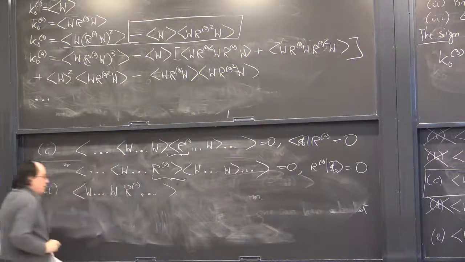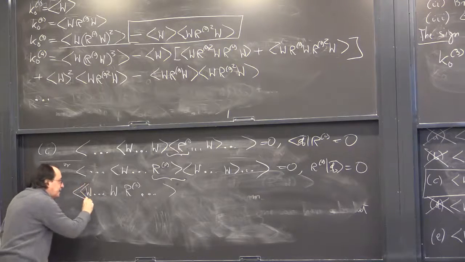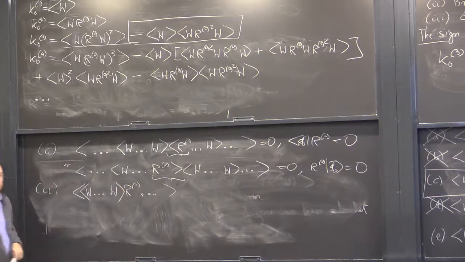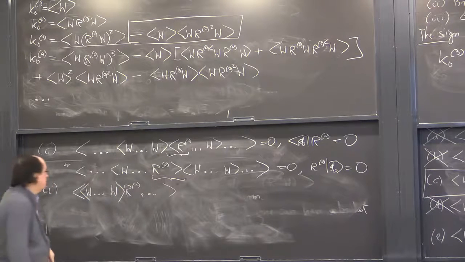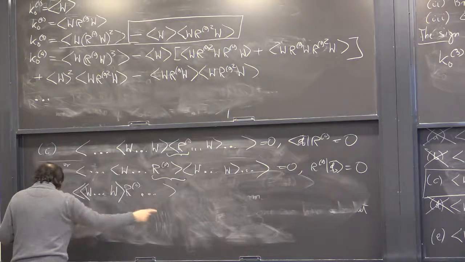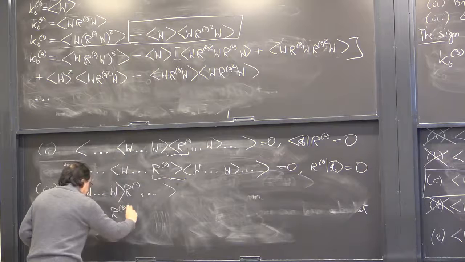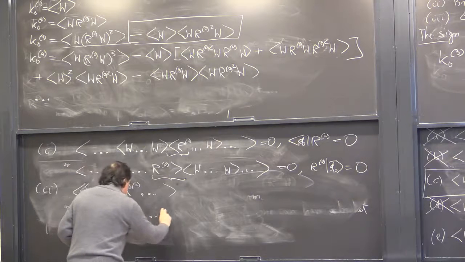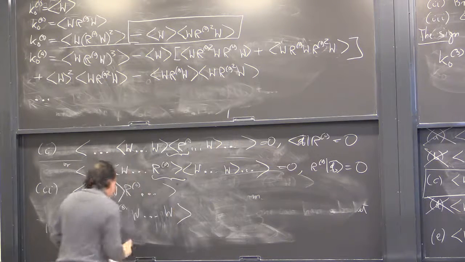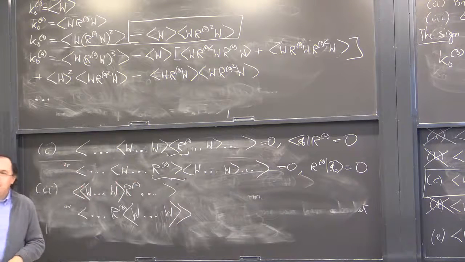So if I tried to bracket the leftmost, I would have to put brackets in this way. Of course, an alternative would be that I do it in the right part of the expression. So I would have R0 here, then W, and then a bunch of terms, and W, and close it, and I would try this. You see, you can't do it.